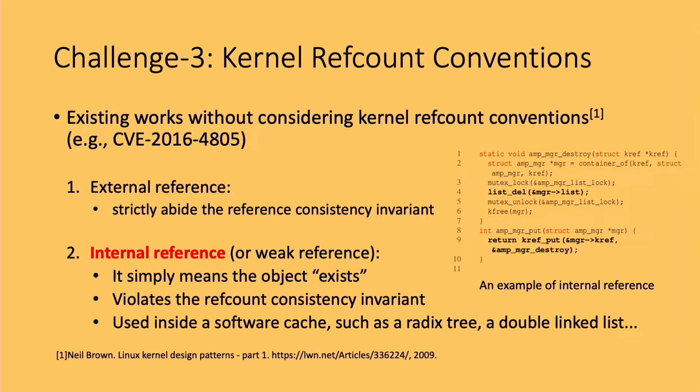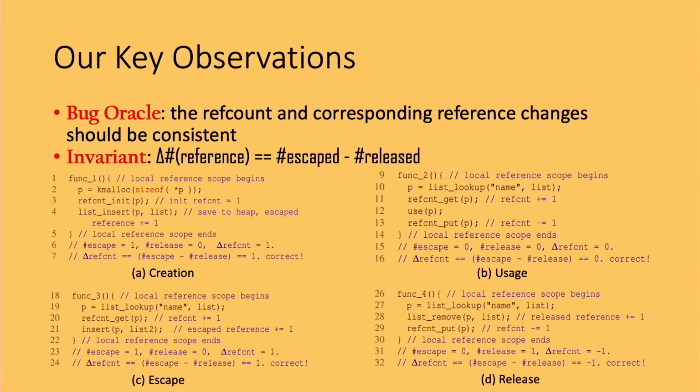Whenever this object is freed, the destruction routine will automatically free this internal reference, so it doesn't need to be ref counted. As a result, we have to understand all these conventions in the kernel in order to reduce false positives.